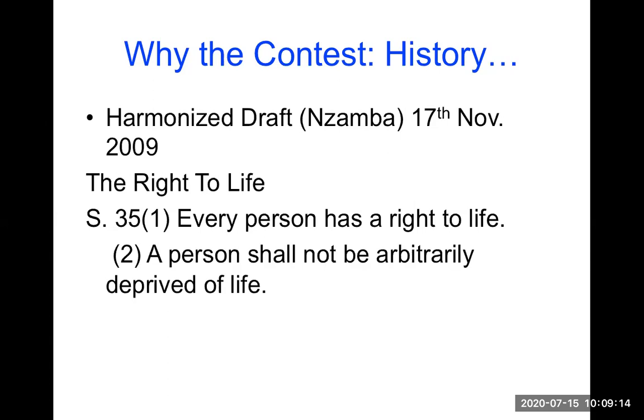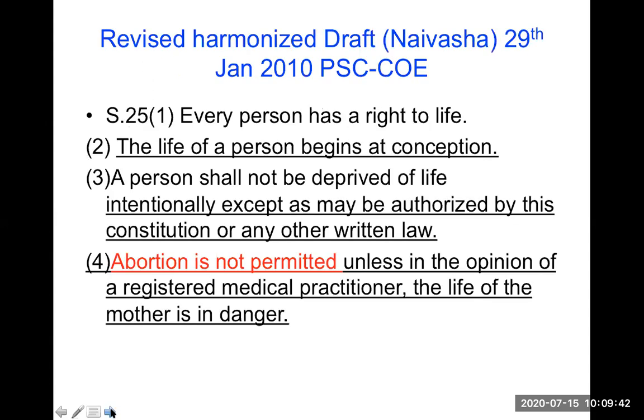They steered away from defining when the life of a person begins. They dropped that provision, and they also tried to avoid any ambiguity and controversies and debates that would come from "except by any other written law or except in the opinion of." That's what they were avoiding when they proposed these provisions.